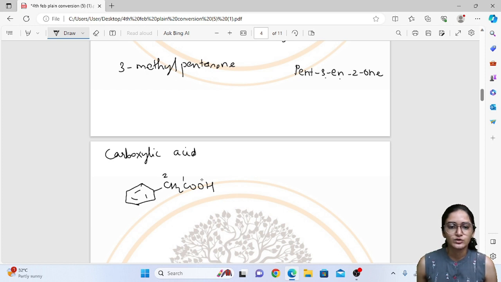So 1, 2. So at second carbon we have substituent as a phenyl. So the name will be 2-phenyl. Okay, since this is a substituent, 2-phenyl, and we have 2 carbons in the main chain, so it will be ethanoic acid. So 2-phenyl ethanoic acid will be the name of this acid.